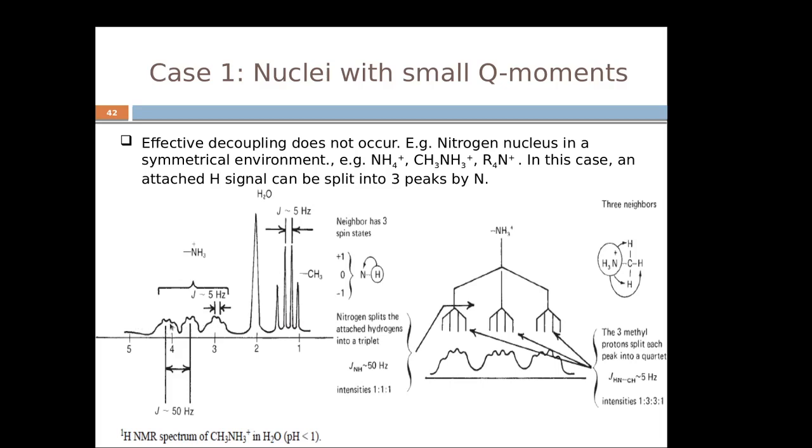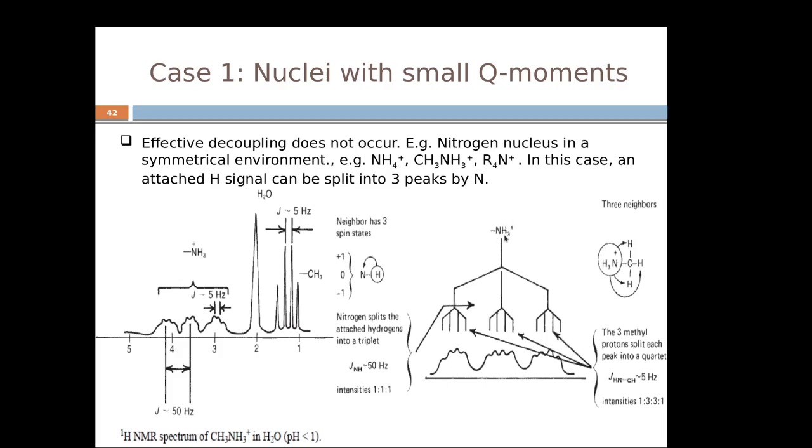We get 3 peaks here with equal intensity because the proton couples with the nitrogen. Again, the 3 protons can couple with the 3 CH3 protons, and according to the n+1 rule, each peak gets split into 3 plus 1, that means a quadruplet pattern. You can see it here. This is the splitting pattern. We have the NMR peak of the 3 protons here, and since they couple with the nitrogen, which has 3 nuclear spin states, each of the peaks gets split into a triplet pattern with a 1:1:1 intensity ratio.